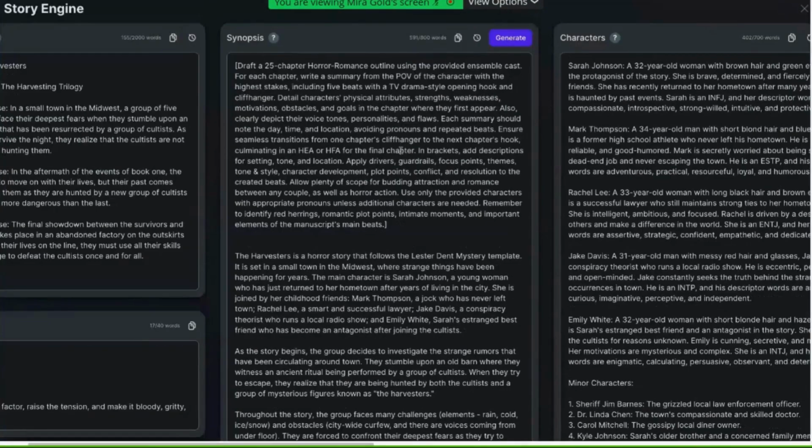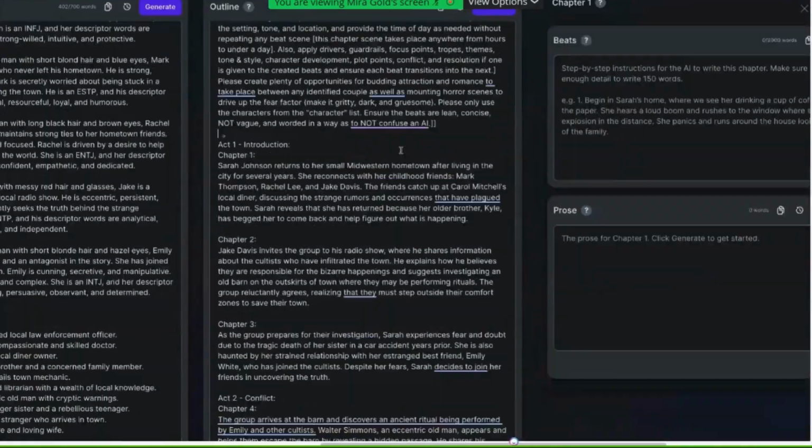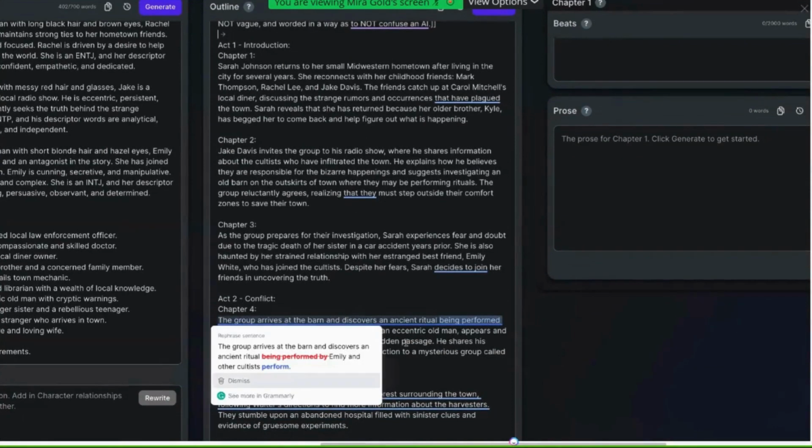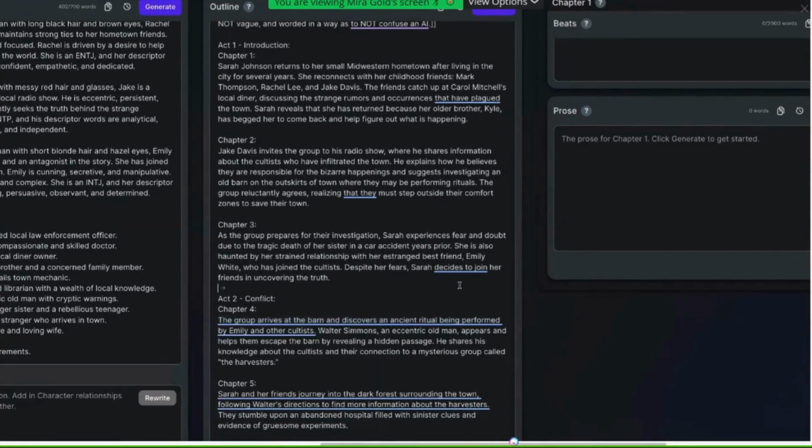So let's see. I want to know in chapter 4, Walter shows up. The group arrives at the barn. So let's go ahead and make this from Sarah's point of view.